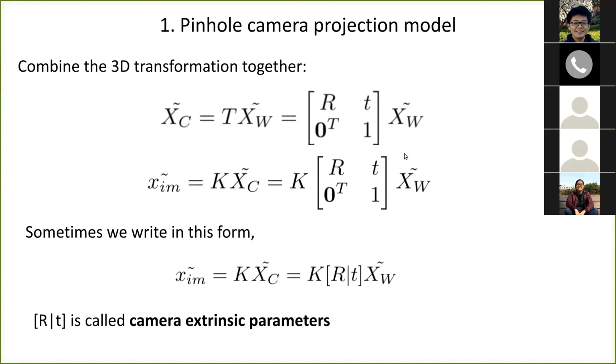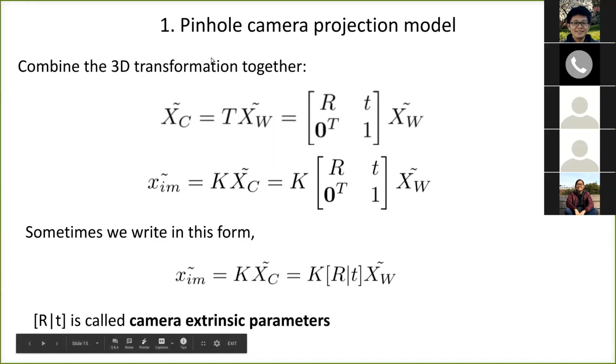So then we combine the 3D to 3D transformation with the 3D to 2D transformation. Hence, we combine the transformation matrix T and the camera intrinsic matrix K and get the final projection matrix P, which is P equals K multiplied by this projection matrix RT.